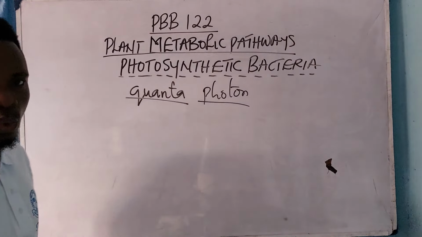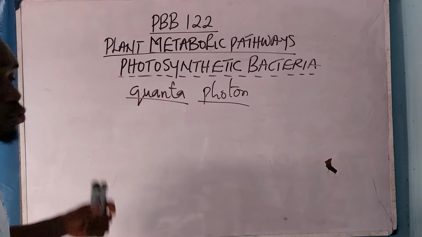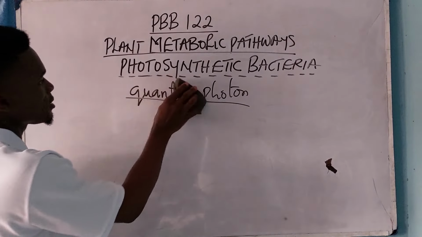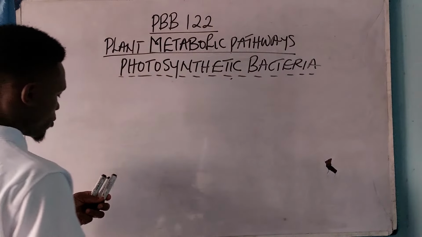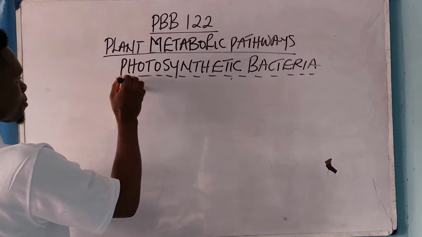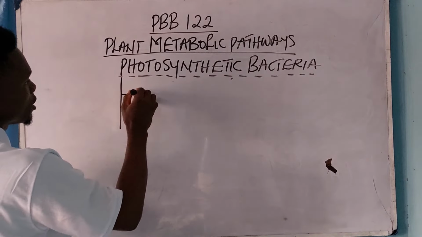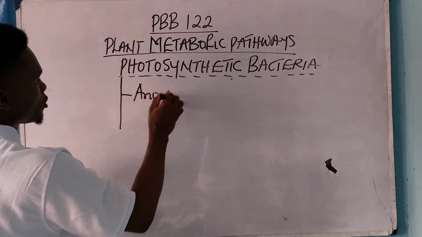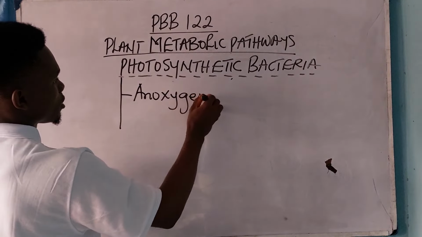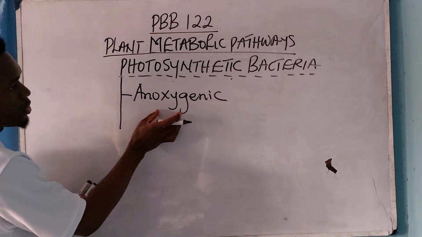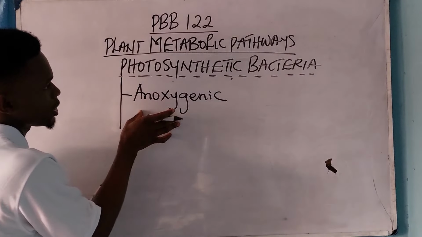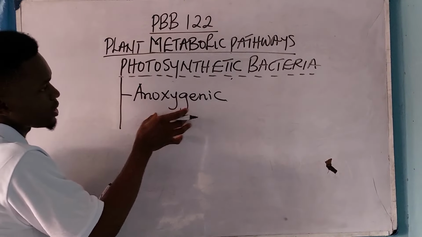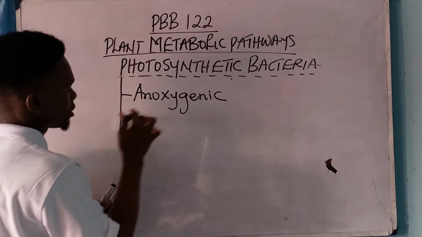Now we have two types of photosynthetic bacteria. One, we have the anoxygenic photosynthetic bacteria.